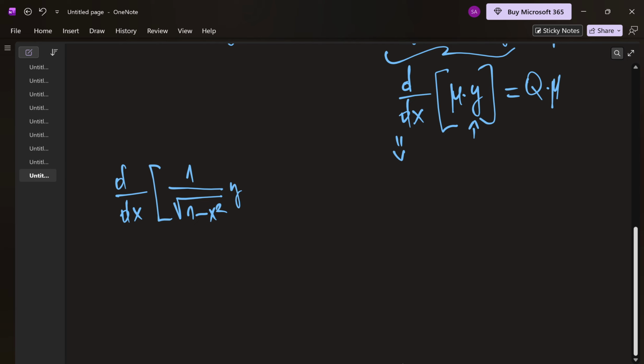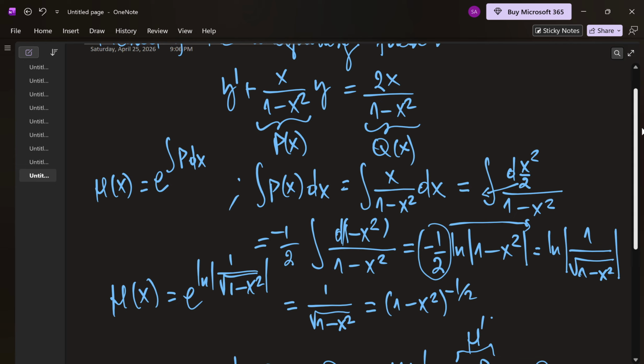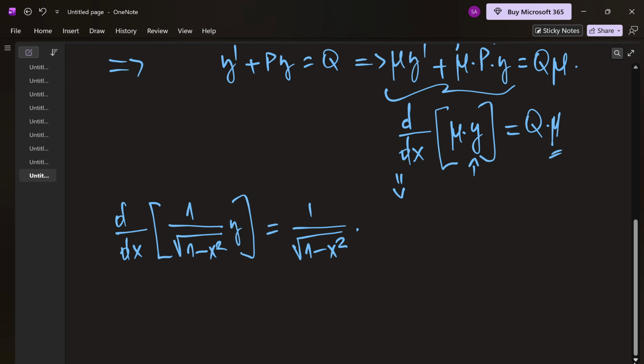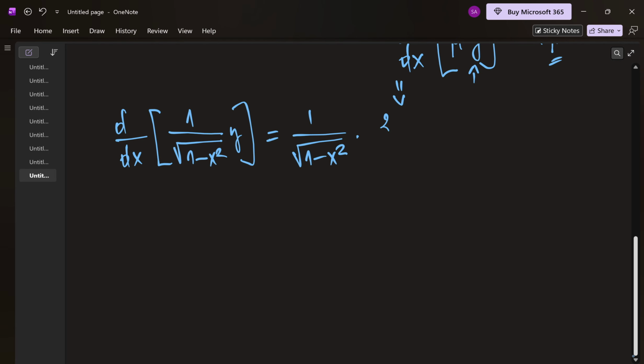You put here y is equal to the integrating factor, 1 over the square root of 1 minus x squared, times the value of q that we saw. This is the value of q, 2x over 1 minus x squared.